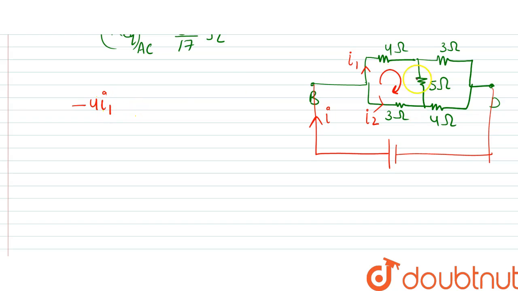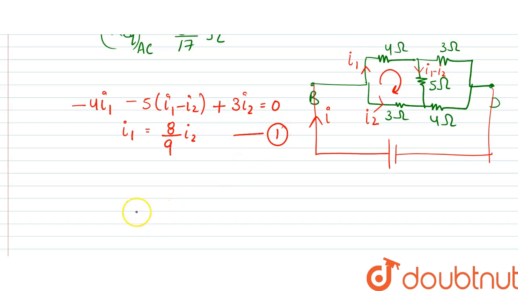Then the current here would be I1 minus I2, right? So minus 5 times I1 minus I2, and plus 3I2 since it is opposite to the direction. From here what we get is I1 equal to 8 by 9 of I2. This is our first equation.